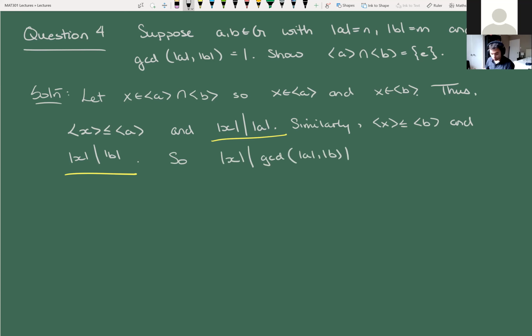But that was just equal to 1. Which means that the order of X is equal to 1. And there's only one element in the group that has order 1.